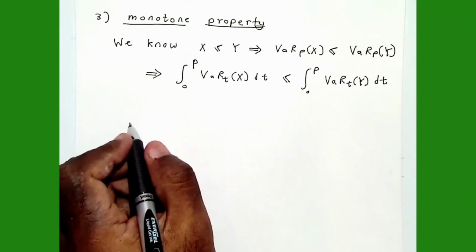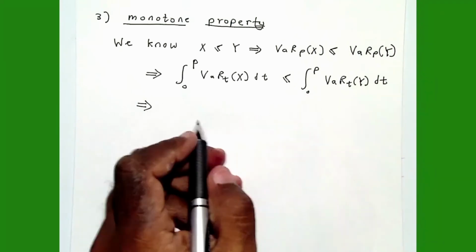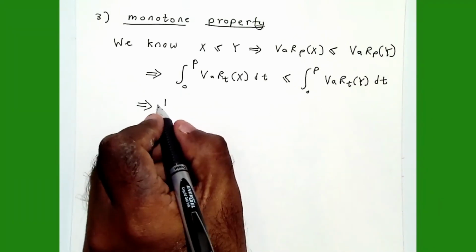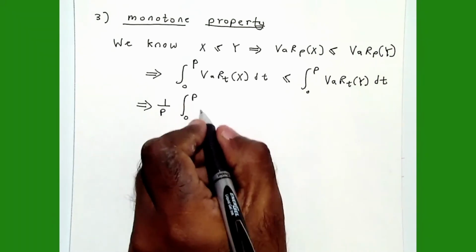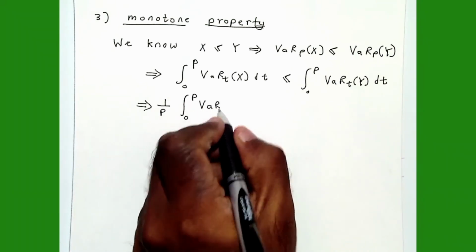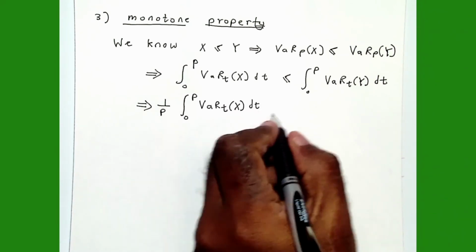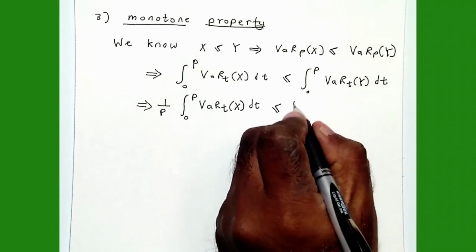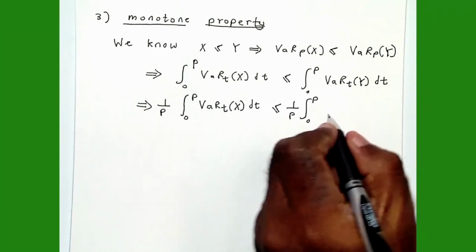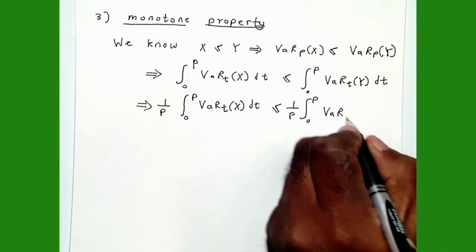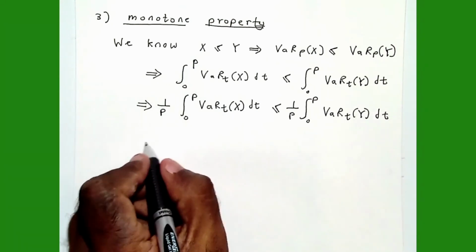Right, and this implies, now I'm going to divide both sides by p, so this becomes 1 over p. Right.